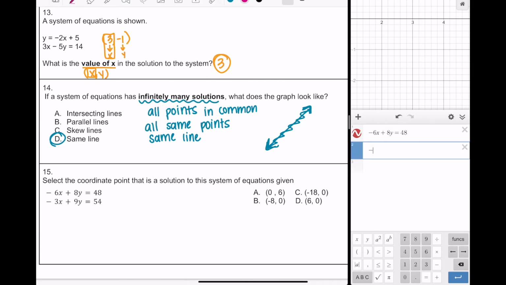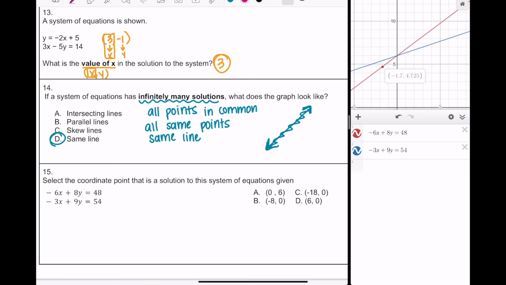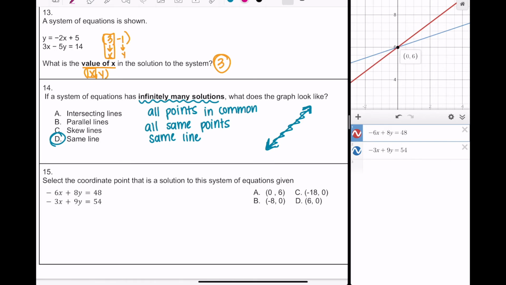And negative 3x plus 9y equals 54. Alright, so I can't see my graph. I need to zoom out quite a bit. And then where the blue line and the red line overlap, where they intersect, is at the point 0, 6. Right, so my two lines look something like this. They intersect at the point 0, 6.